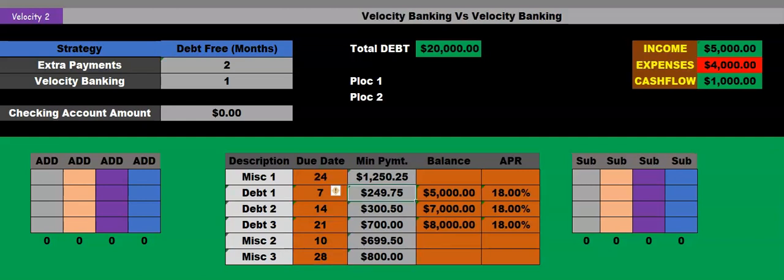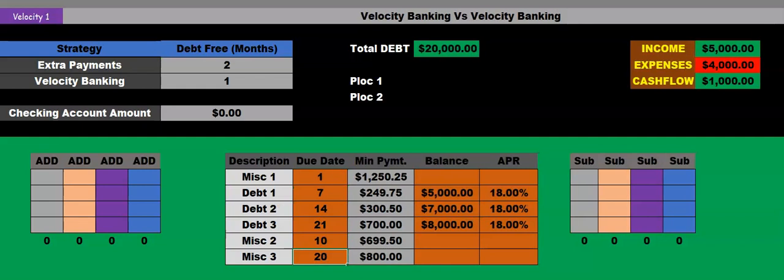And then in the second example, everything's the same: debt, payments, balance, APRs. The difference is the first expense will be due on the 24th, then the 7th, 14th, 21st, 10th, and the 28th.